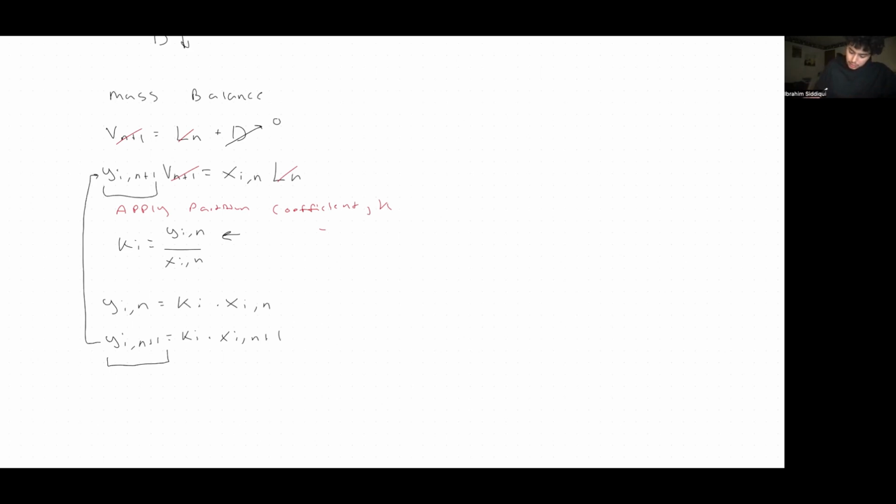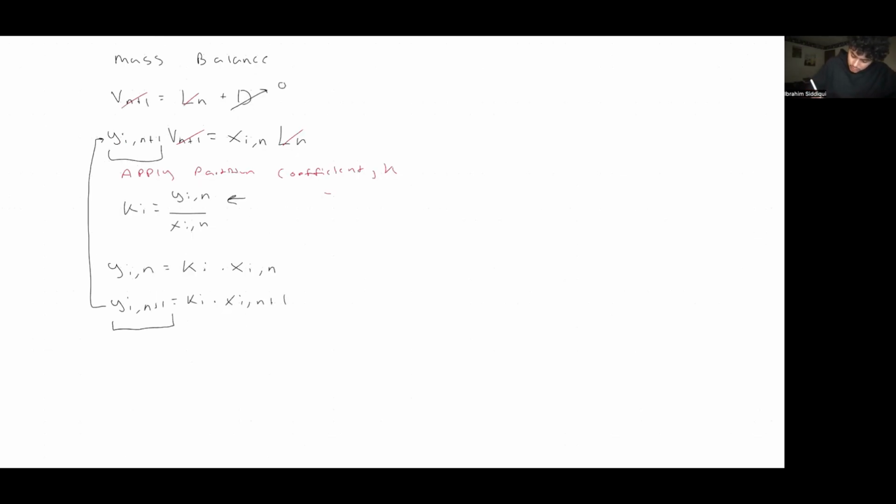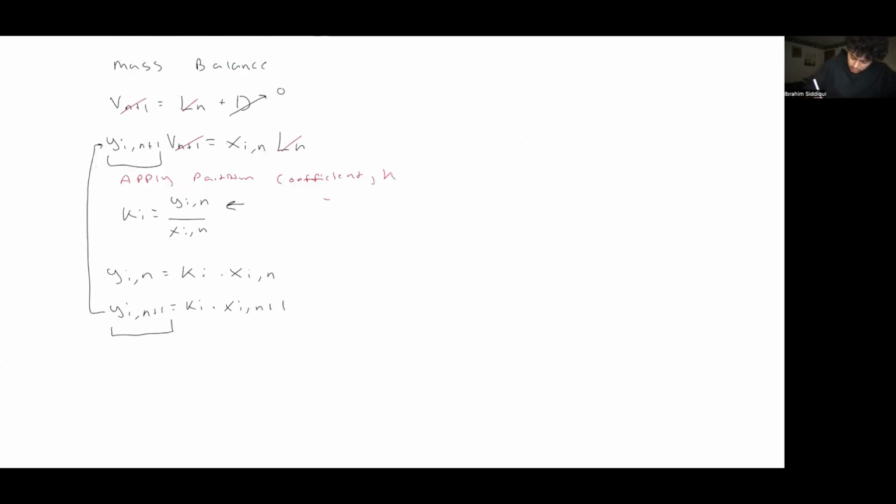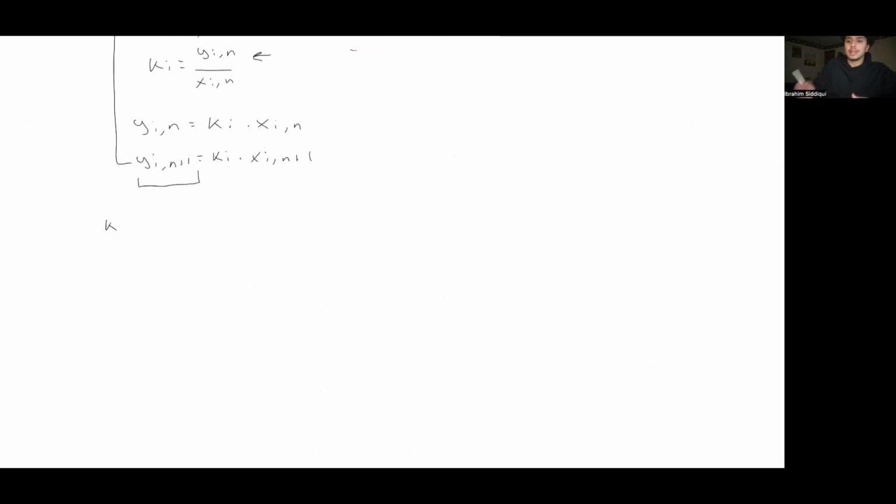So substituting this, we get essentially what our light key and heavy key are. Ki times our Xi at n plus 1 equals our Xi at n.